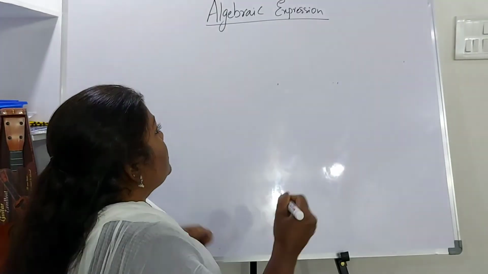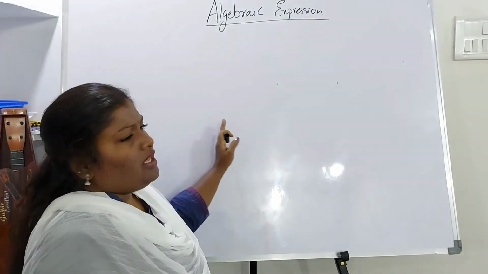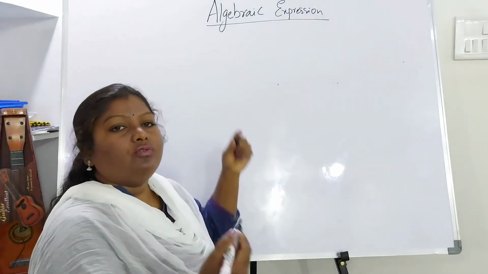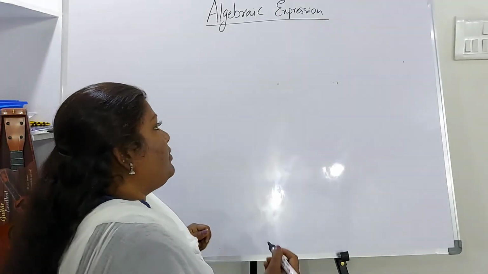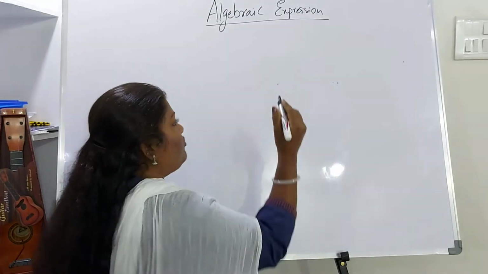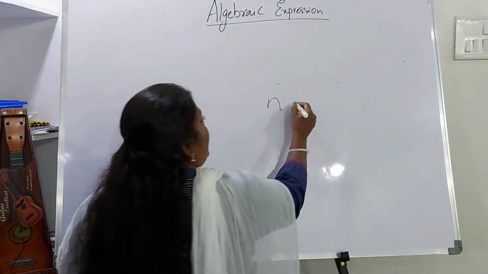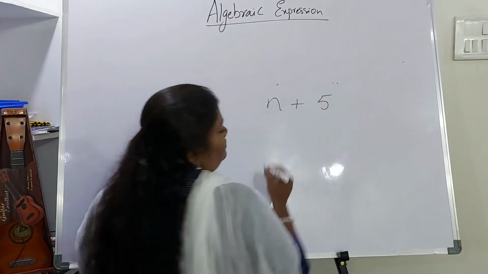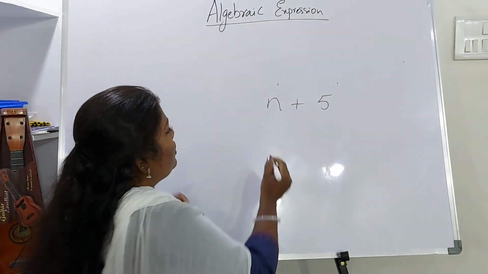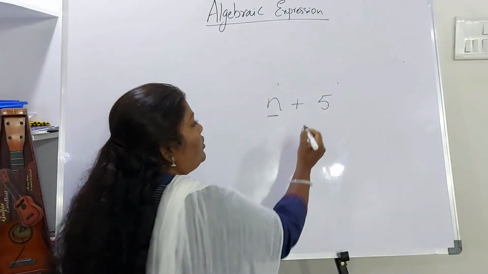Yes, these were the definitions and the explanation regarding the algebraic expression. Now in our daily life, where do we use this expression? For example, if I say that there are n number of boys standing in the ground and 5 more added. We are not sure about how many boys are there, and we are saying that 5 more have joined.